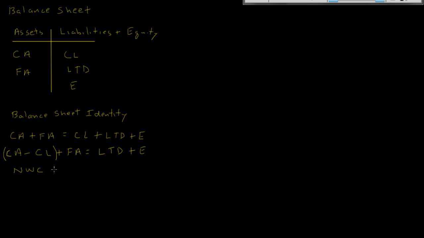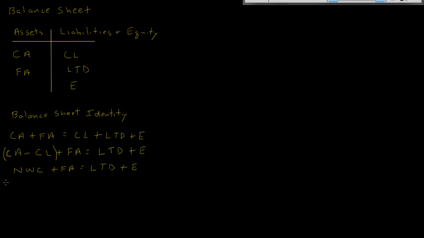So net working capital plus fixed assets equals long-term debt plus equity. Now, we know that net working capital equals current assets minus current liabilities. Let's break it up some more, and let's use the definition of current assets, cash plus accounts receivable plus inventories.